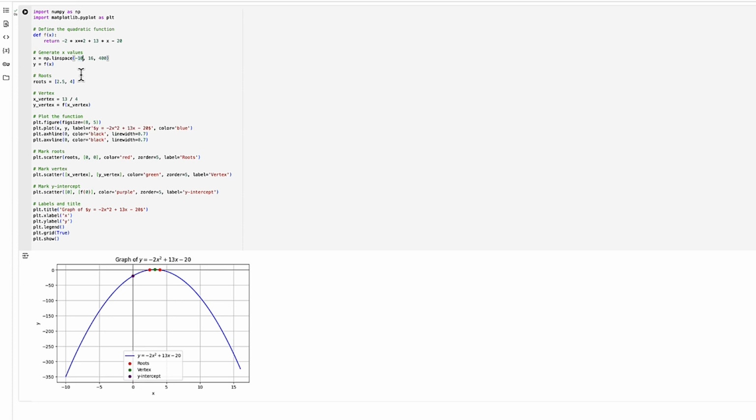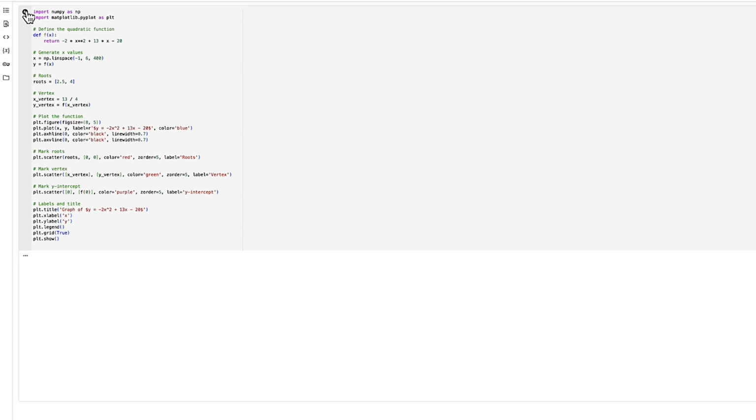The only way to zoom in is probably going to be here. We'll probably do -1, let's say, and we'll make sure it's -1 under generate X values. And then we'll probably go up to 6. Let's see how that looks.